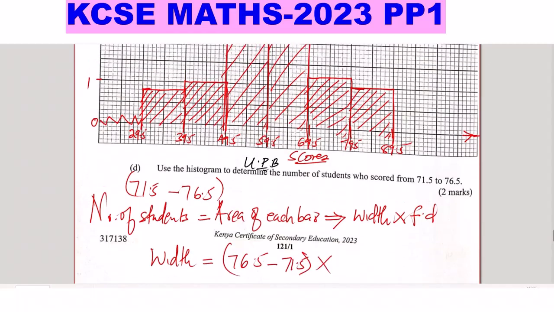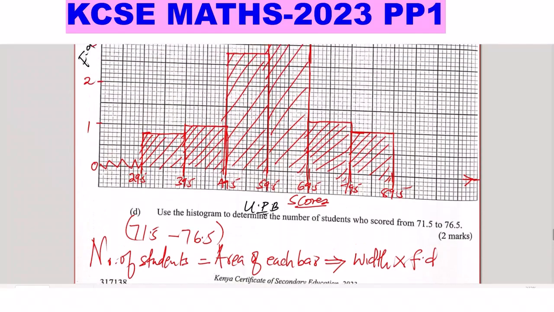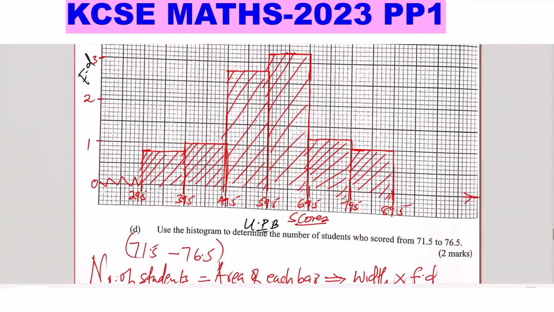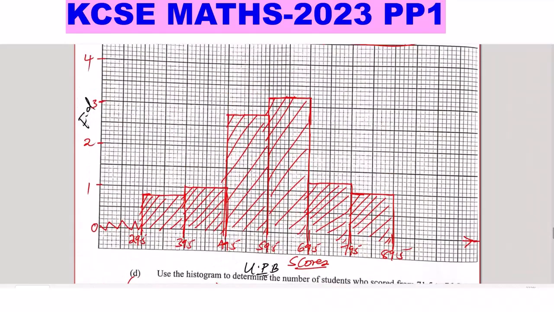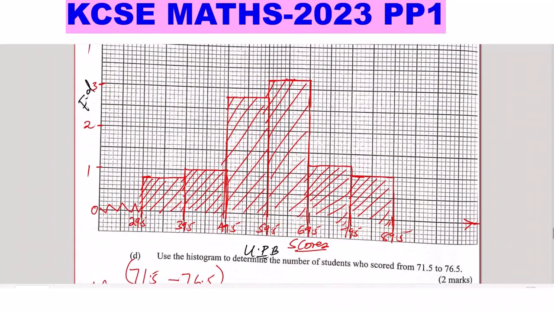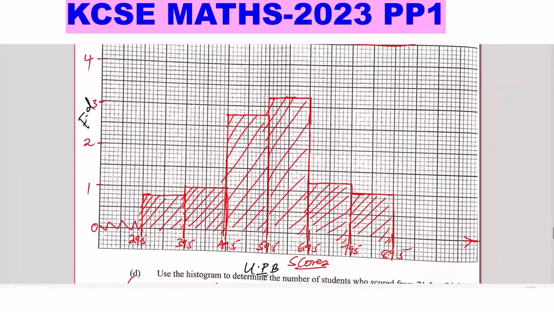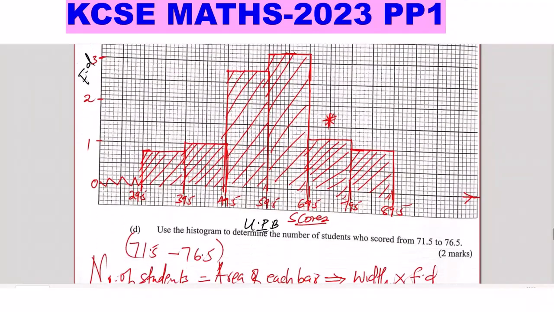What is the frequency density of that class where these marks lie? 71.5 to 76.5. Where does that one lie? It lies on that class where we have 69.5 to 79.5. This is why it is here. That is where the marks lie, 71.5 to 76.5. Then that class, 69.5 to 79.5.